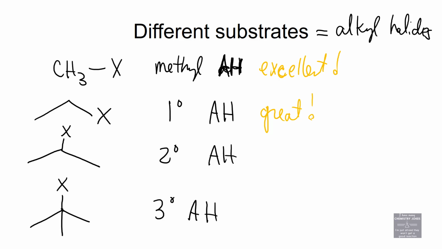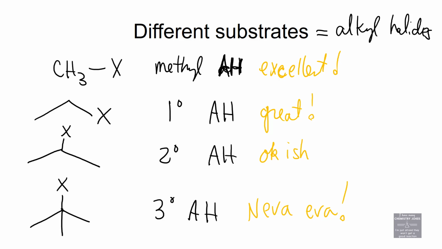Secondary is bordering on okay, bordering on good. It's not the happiest to do SN2, but it can. Tertiary, it ain't happening. Tertiary cannot do an SN2 reaction. Tertiary SN2, not a thing. Don't do it.